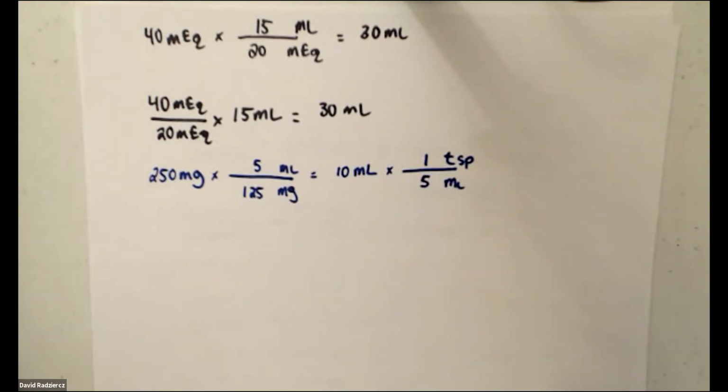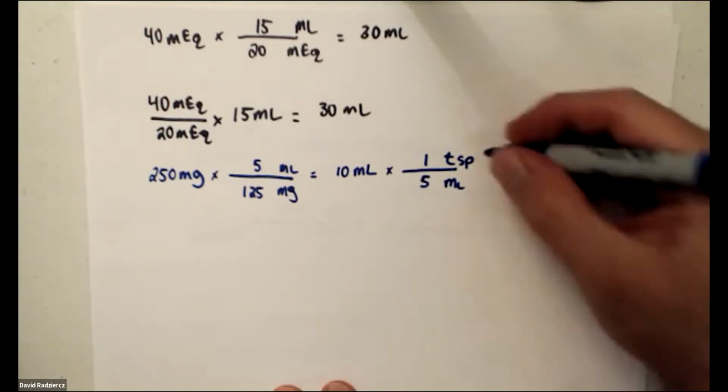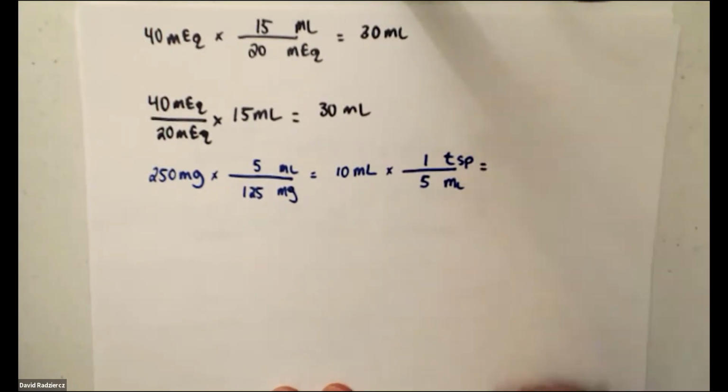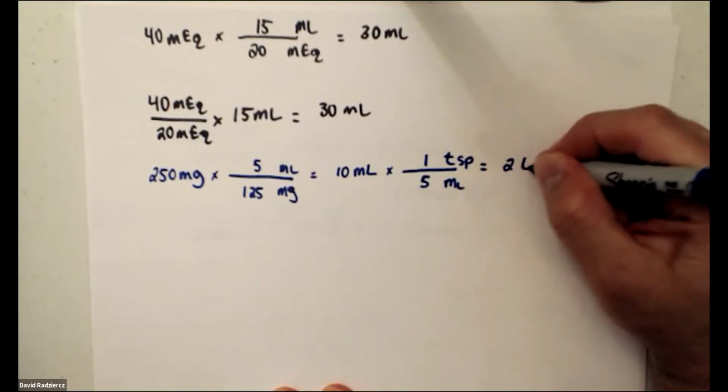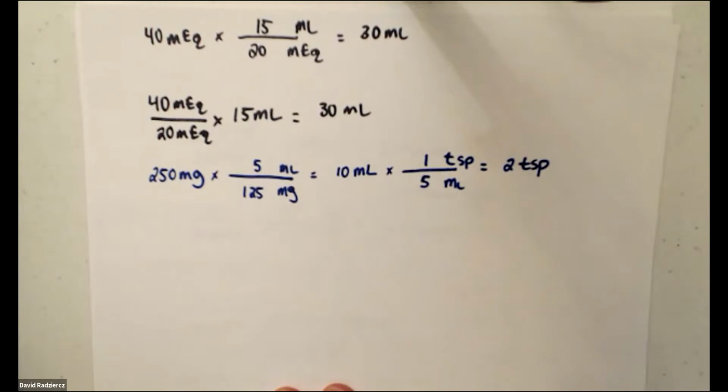If you don't believe me, the next time you look at a measuring spoon, you will see it'll say 1 tsp, 5 mL. Okay, 1 tablespoon, 15 mL. It's another way to kind of learn these things: make some pancakes or something from scratch. Okay, so 10 divided by 5, 2 teaspoons would be the correct answer.